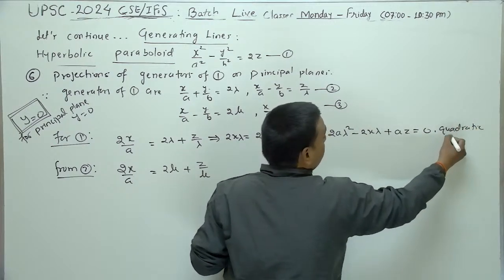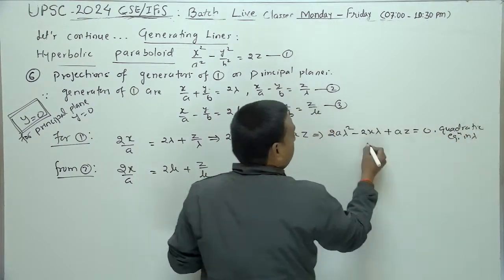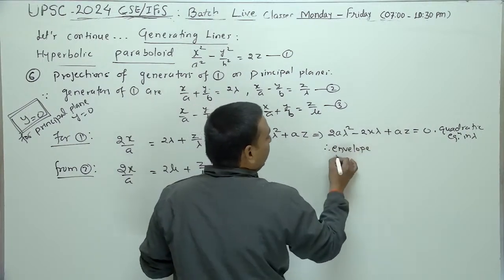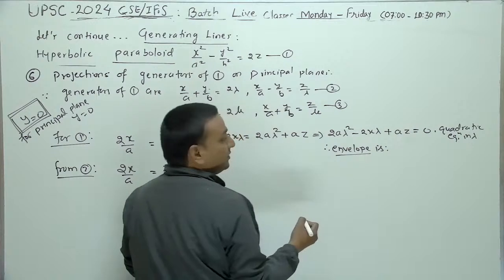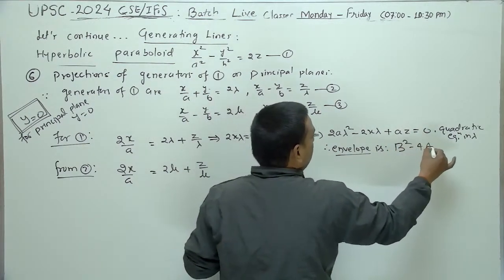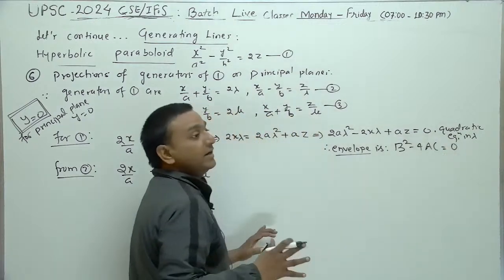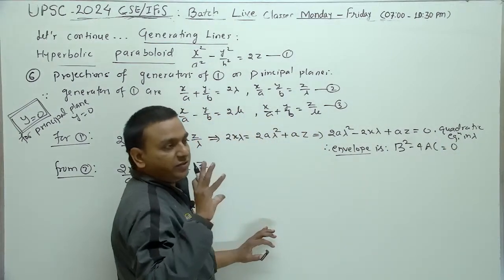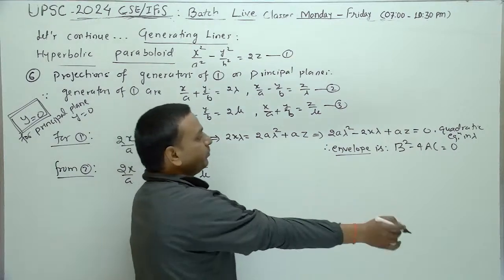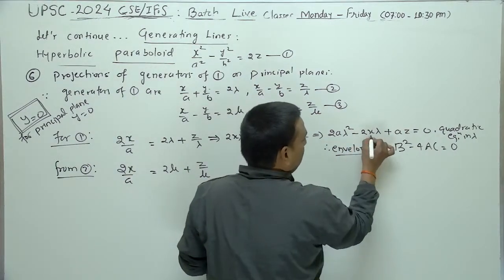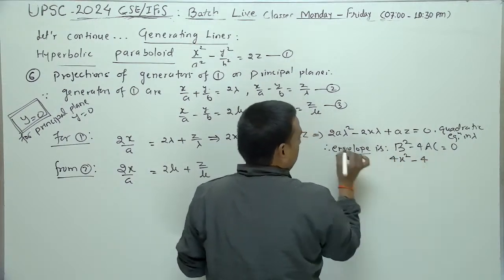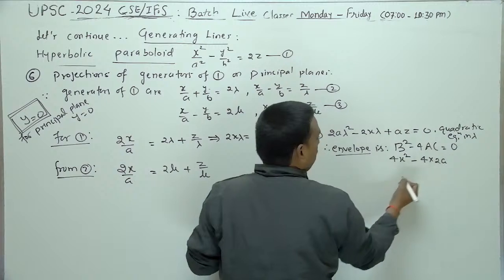So this is quadratic. In the previous lecture I discussed the quadratic equation in lambda. So the envelope of this family in lambda is given by b square minus 4ac. Envelope is a curve which touches every member of the given family at that point. So b, the coefficient of lambda, gives 4x square minus 4. A is 2a.